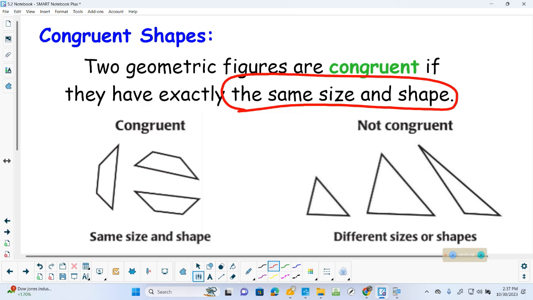Clearly these, the triangles on the right, do not have the same size or shape. They would not be congruent. Seems pretty obvious to me. But just recognize they might have the figure rotated, spun around, so it might not look exactly like one of them, but they are the same. So I'm going to give a minute to write all that in, and then we'll flip the page.